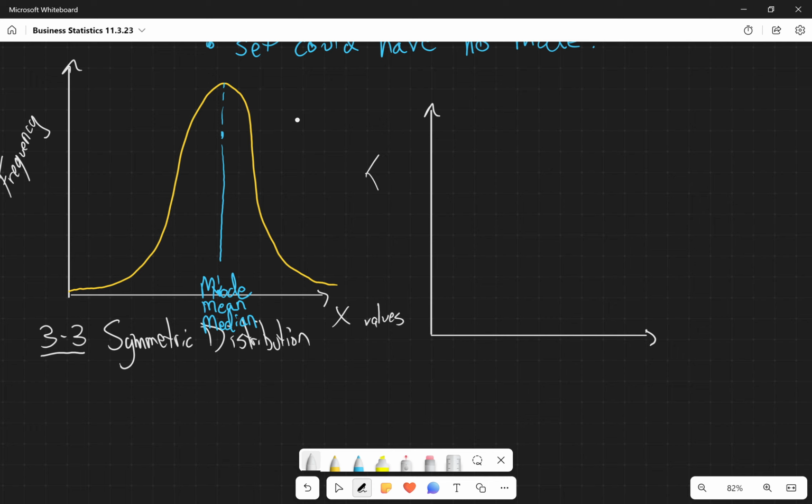So again, we've got frequency over here, we've got x values over here. So this one, when a distribution looks something like this, we end up with a mean that's somewhere over here. We end up with a median that's somewhere here.